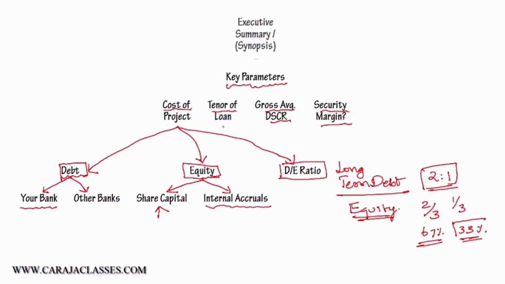And long-term debt to equity ratio of 2:1 means there is a major contribution, or most of the contribution, coming from the borrower, and only 1/3 is coming from the bank. It means the borrower is assuming the majority of risk in this project, and bankers are going to get revenue out of this project because the major risk is borne by the borrower. So all this information will get captured here, and that will help the sanctioning authority to frame an overall picture of this borrower.